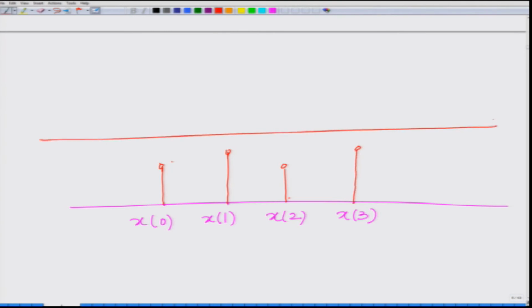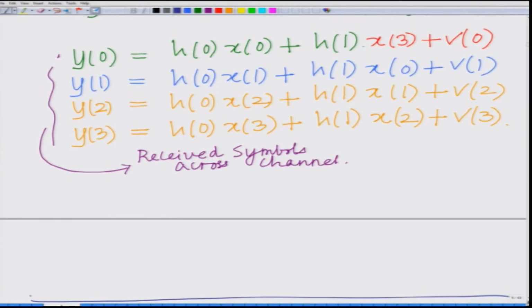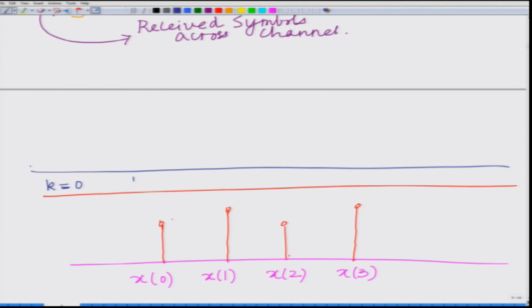Now look at this, at time k equal to 0, that is for yk, at time k equal to 0, if you look at the expression above, you have h0 times x0 plus h1 times x3. So I can write it as h0 times x0 plus h1 times x3 plus 0 times x1 plus 0 times x2.